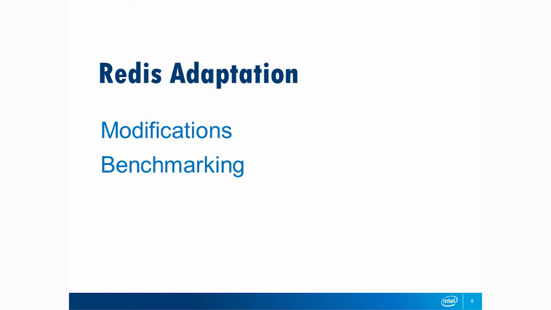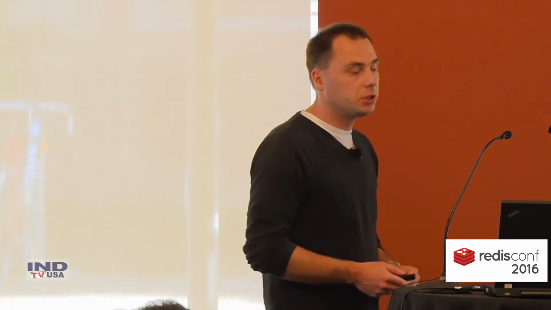So we decided to modify Redis using this architecture and this library. We decided because this is the most popular key value store on the market, and modification is relatively easy.